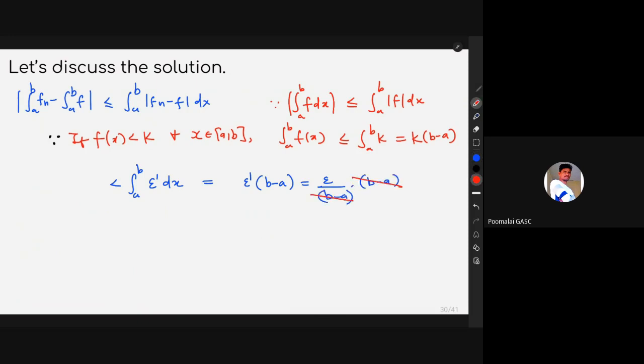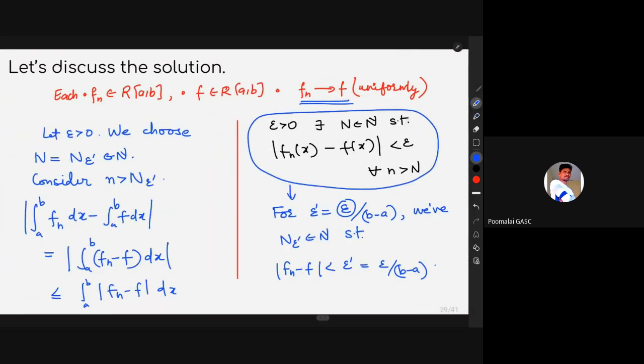This b minus a cancels out, so you are left with epsilon. In particular, what we have proved is, just look at the statement.